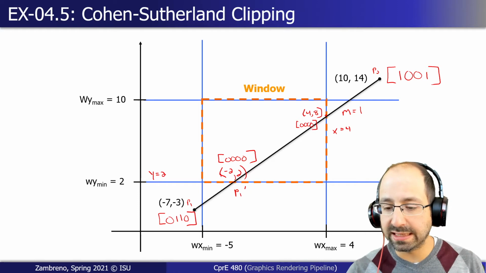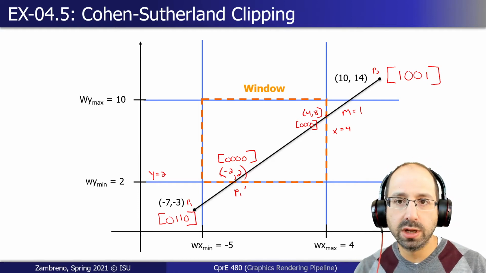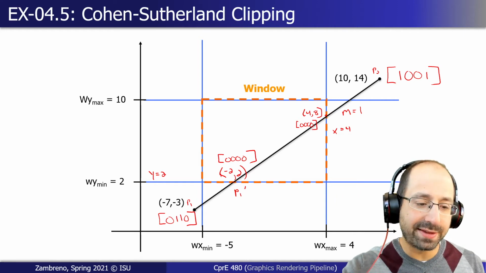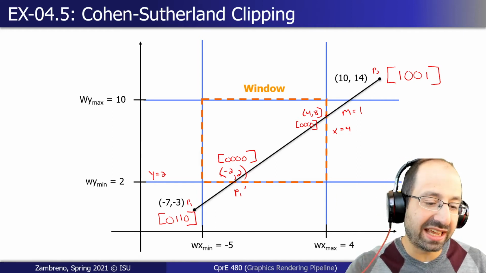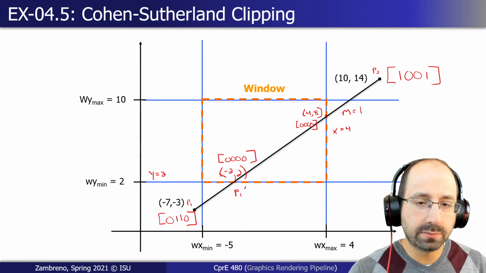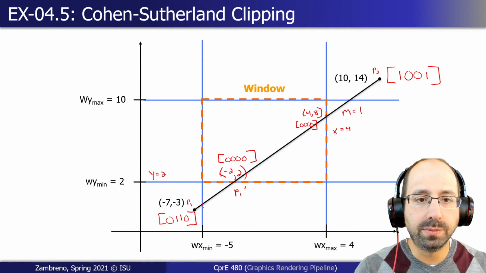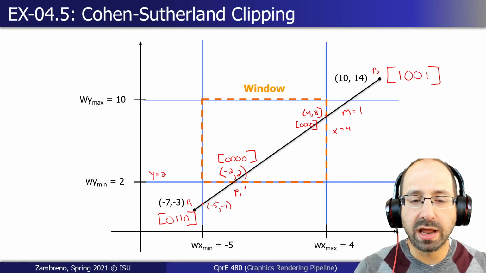In this case, you would also have to test that as well, Riley. Because it's crossing both the left side and the right side and the top and the bottom, you would be checking against all 4. So we could do that, right? This is over 2, so up 2. So this would be (-5, -1), which would have a region code of 0100.